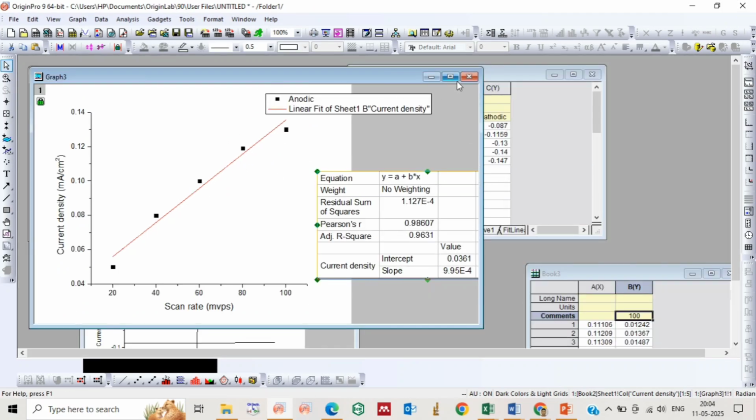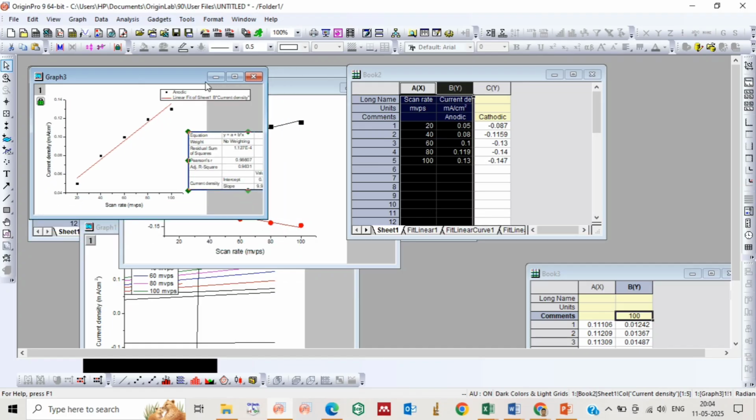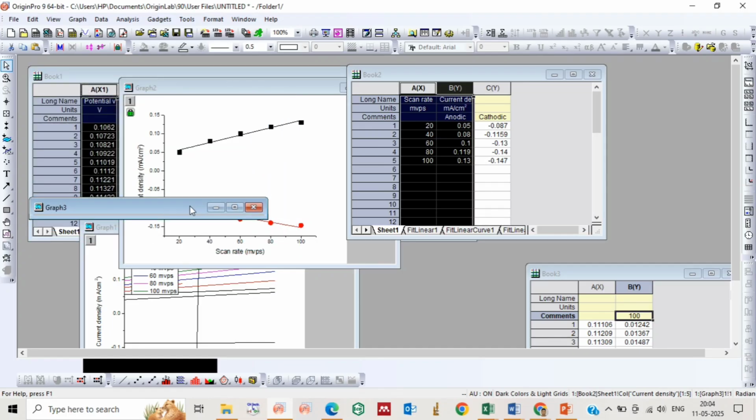So similarly we have to do it for the cathodic current.